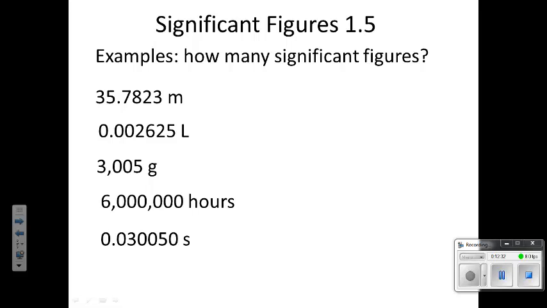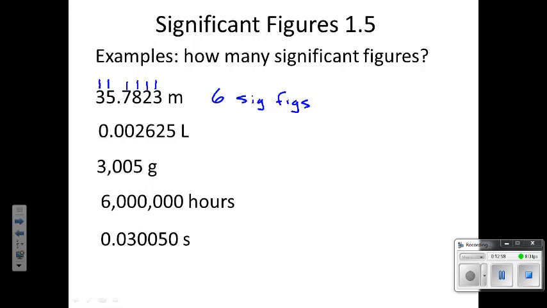So we can see some examples of these numbers here, right? And count the number of significant figures. This one here, all are non-zeros, so it should be 6 sig figs.